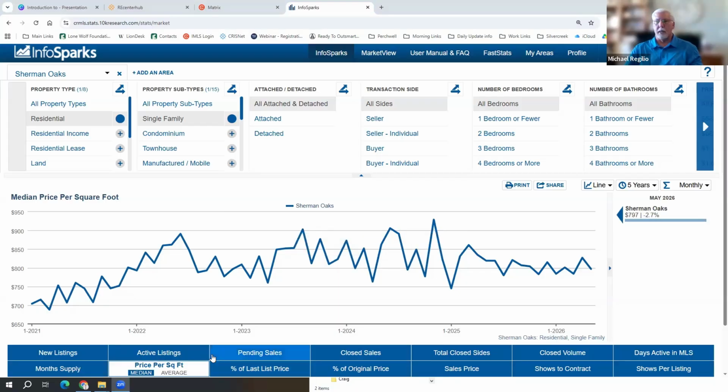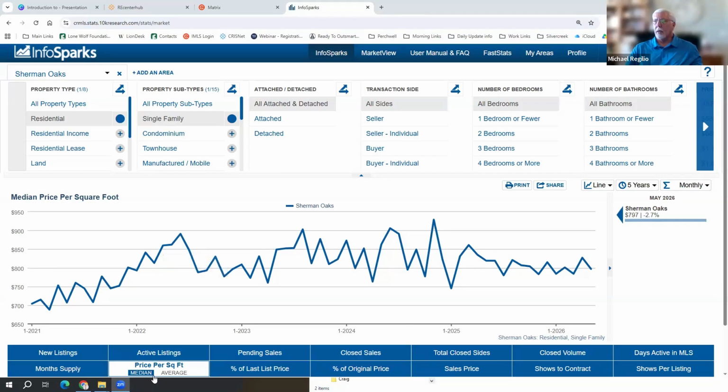So price per square foot is interesting. I use it as a gauge when it's a property that's not your typical subdivision lot where every fourth home is the same. It gives you an idea of the price range we're considering. We're ending up at about $875 a square foot.